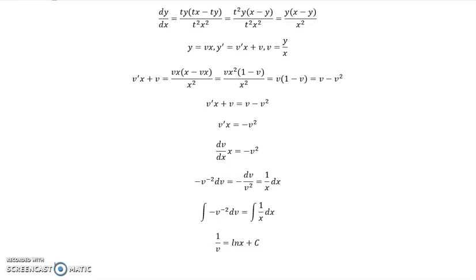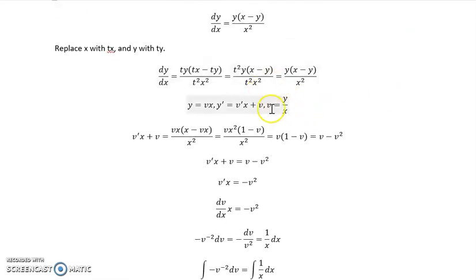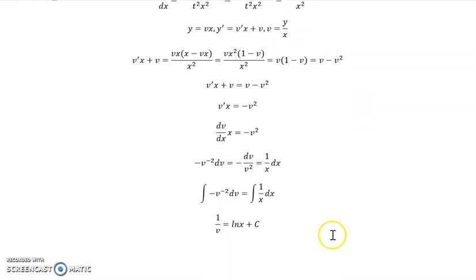Finally, to simplify, we're going to replace v with our original expression that we solved for up here, which was v equals y over x. 1 over v is the reciprocal, so this is going to be x over y is equal to ln x plus c. Now, this function is implicit.